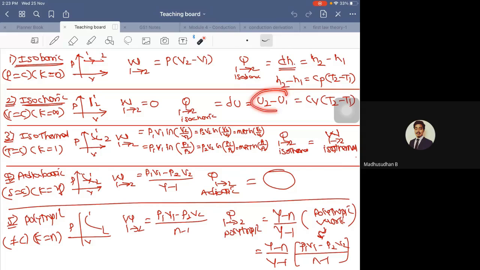Similarly, the difference between the values of the internal energy will give you the value of heat flow for an isochoric process. Remember, for an isobaric process, you have to calculate the difference in the enthalpy. For an isochoric process, you must calculate the difference in the internal energy. So now it is an isobaric process, so I should calculate the difference in the enthalpy here.